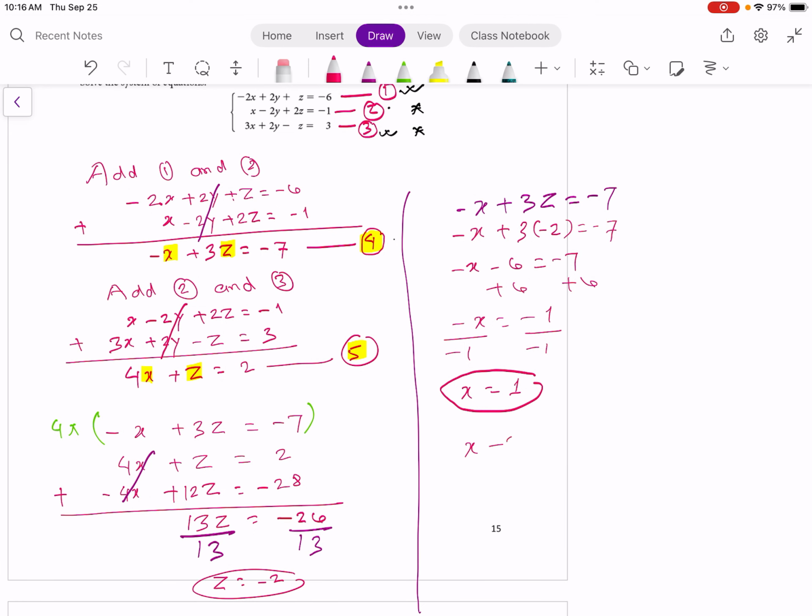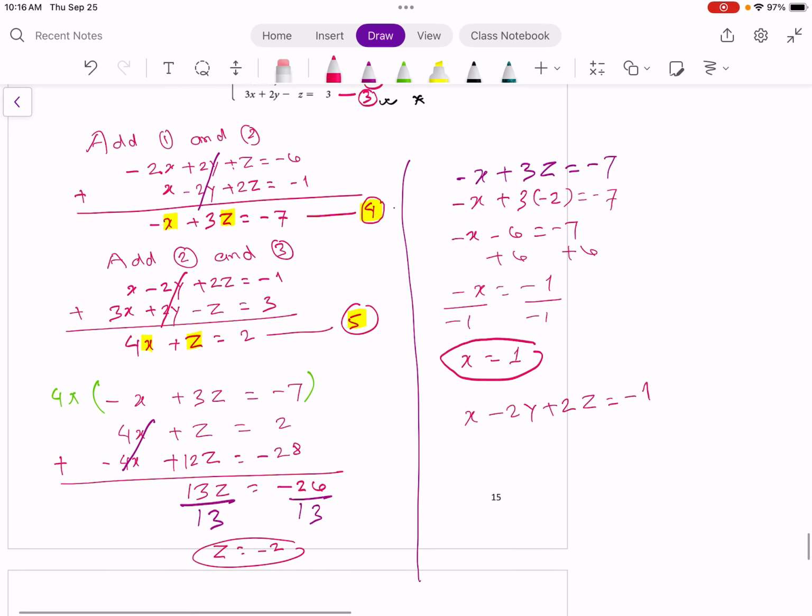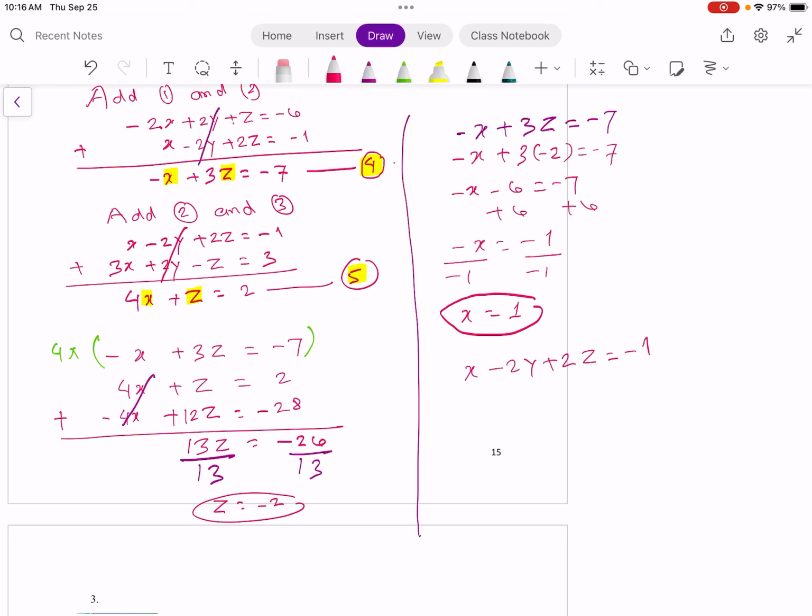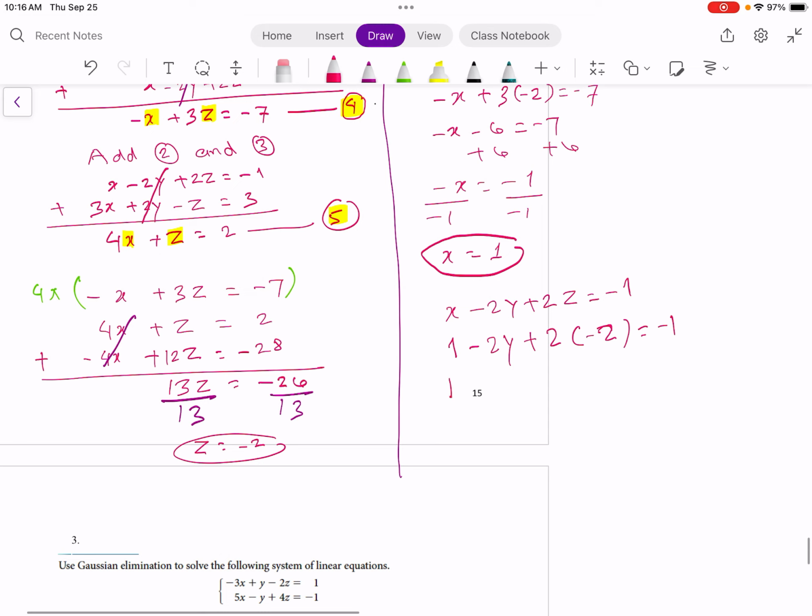So x minus 2y plus 2g equals negative 1. Now we replace our x by positive 1. We don't know what y is. We replace our g by negative 2, equals negative 1. So we have 1 minus 2y, positive 2 times negative 2, negative 4, equals negative 1.